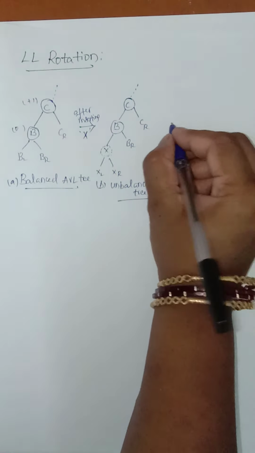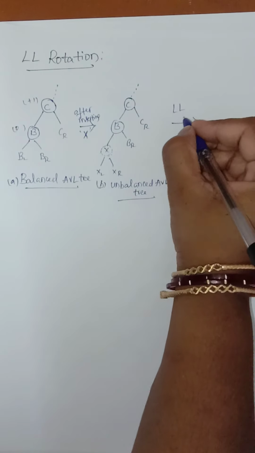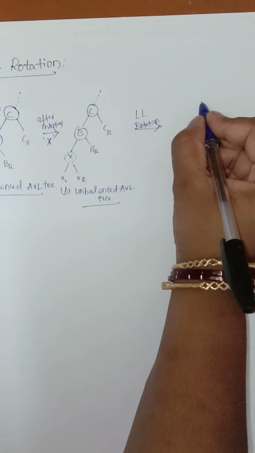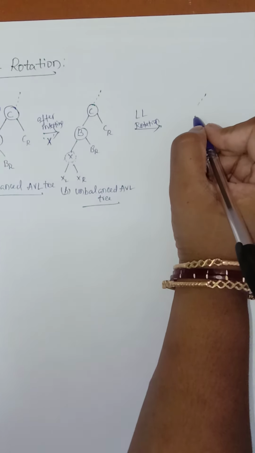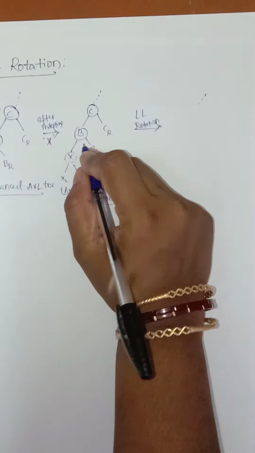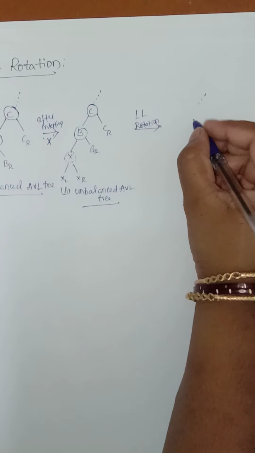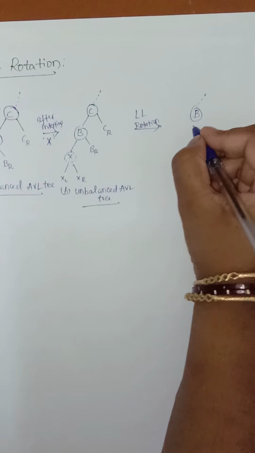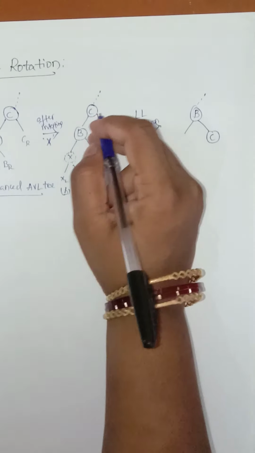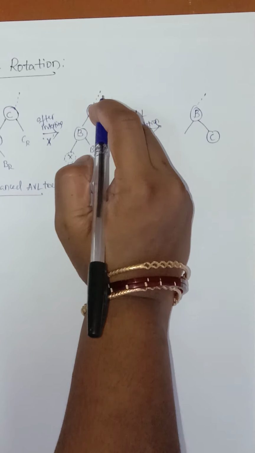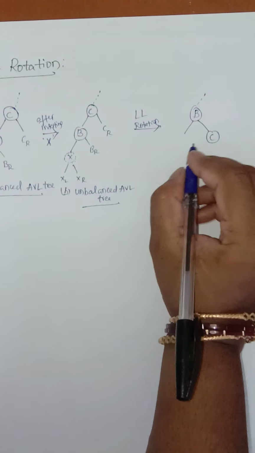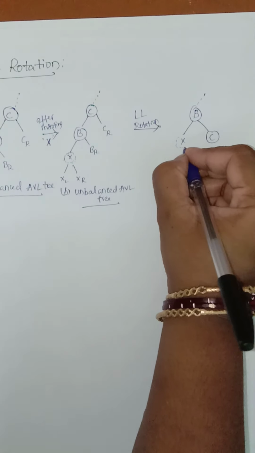Now we are doing the rotation. After the rotation, it will look like this. We are rotating B to C, making B the parent node, the root node, and C the child node, because C is greater than B, so it will be placed at the right side of B. Then we place the X over here.